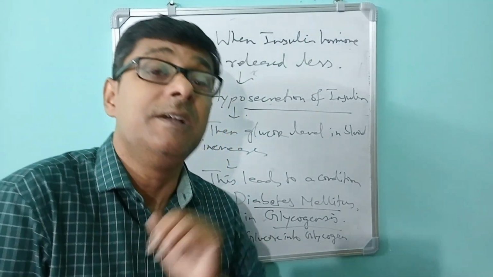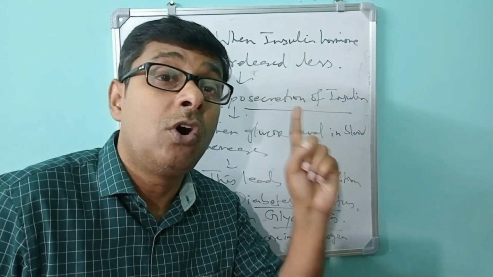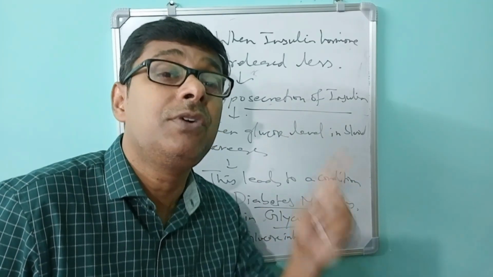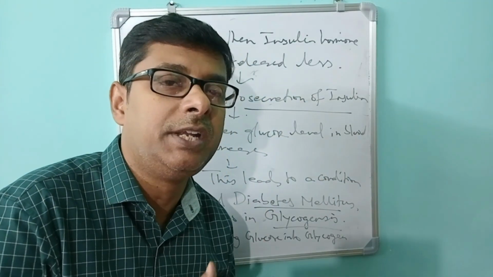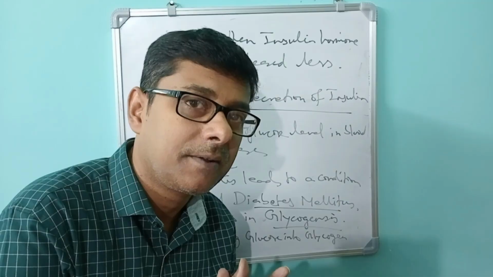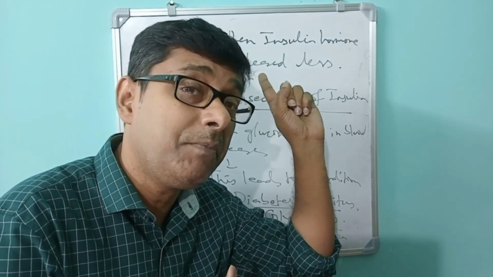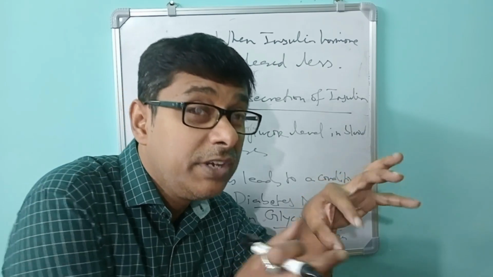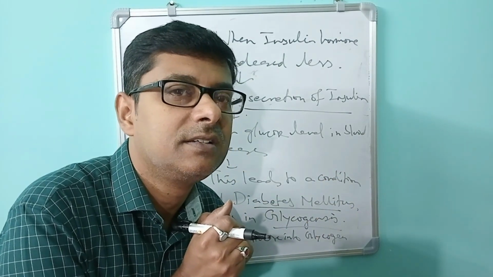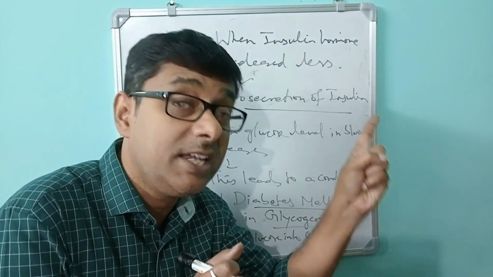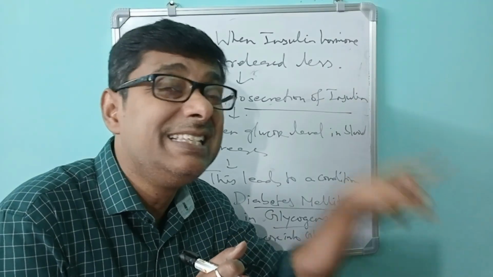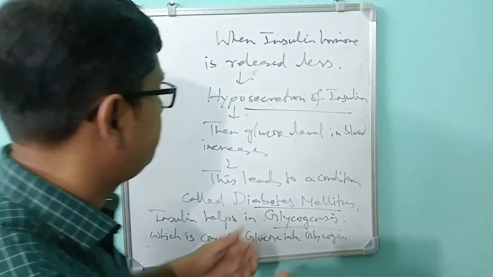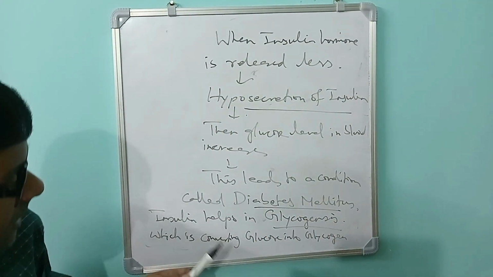Diabetes insipidus, I discussed, is caused due to less secretion of ADH hormone from the pituitary, which is the vasopressin hormone, which helps to reabsorb water from the kidneys. Less secretion of ADH hormone leads to diabetes insipidus. Clear? Okay, that I will write.